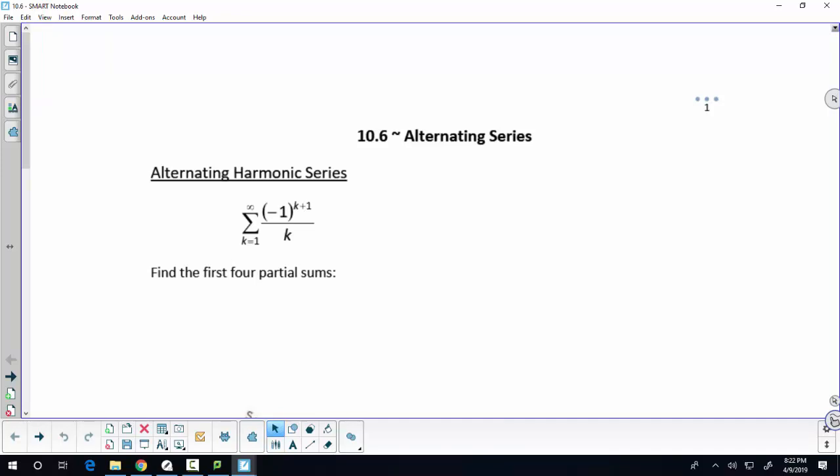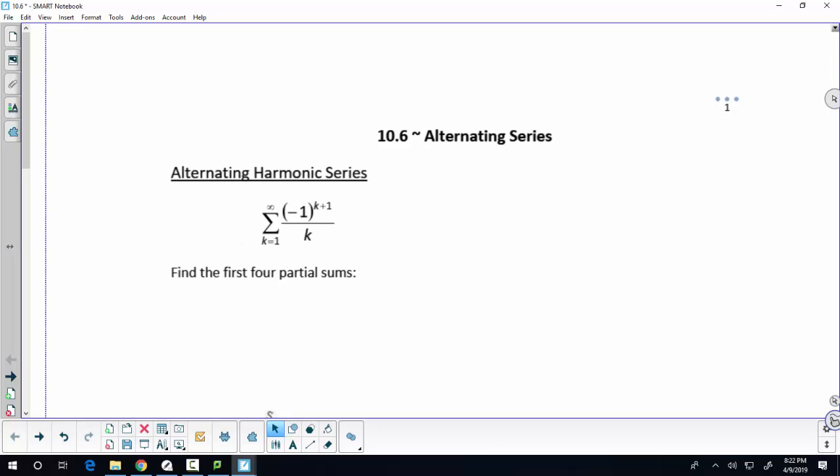All of the tests we've seen up to this point have said we've got series with positive terms. So here are series that don't have all positive terms. The first series we're going to look at is the alternating harmonic series. Remember, we looked at the harmonic series via the integral test and said that the harmonic series diverges. Now we'll look at the alternating harmonic series.